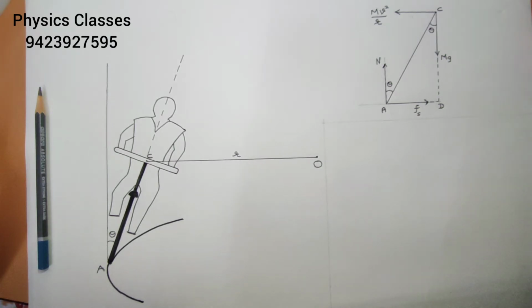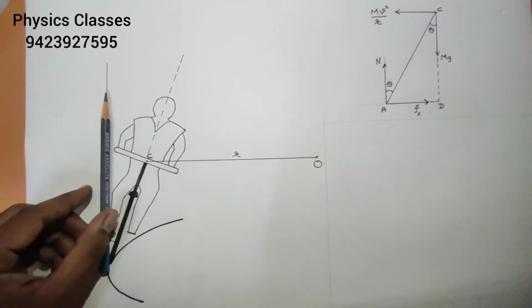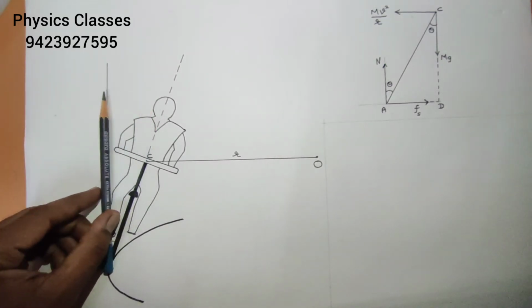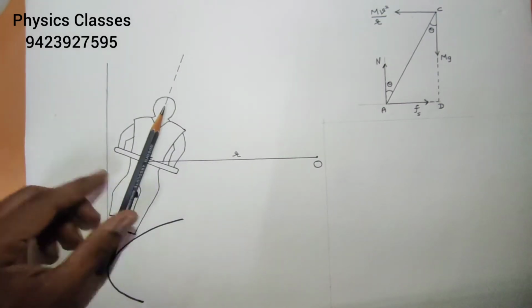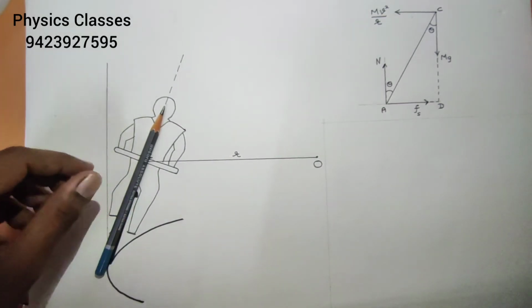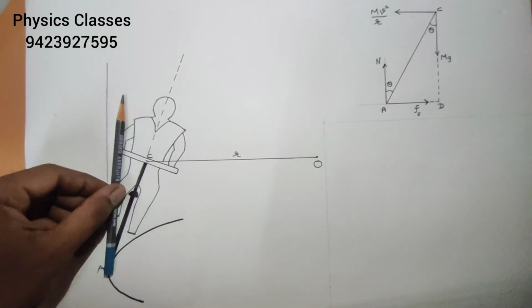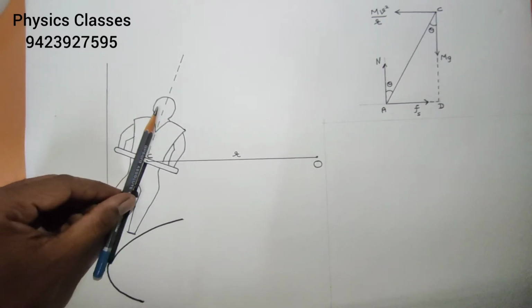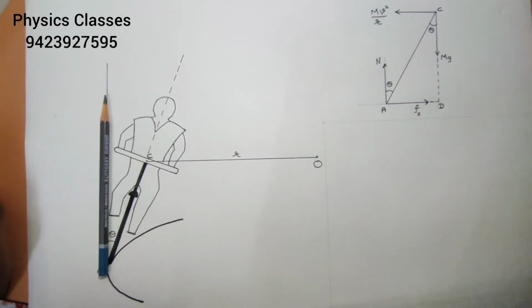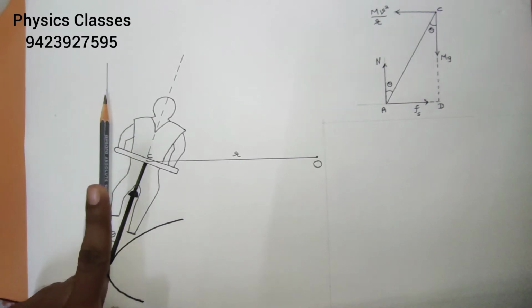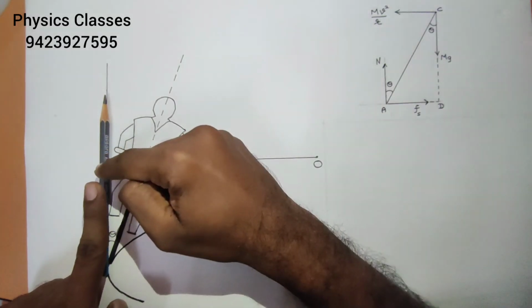Now let us talk about why it is necessary for the cyclist to make angle theta with the vertical. Why is it necessary to bend while taking a turn? Suppose he is making a turn by not bending. So the angle theta is 0 degree with the vertical, like this. So in this case, the normal reaction will be upwards as before. And now the center of mass will be over here.